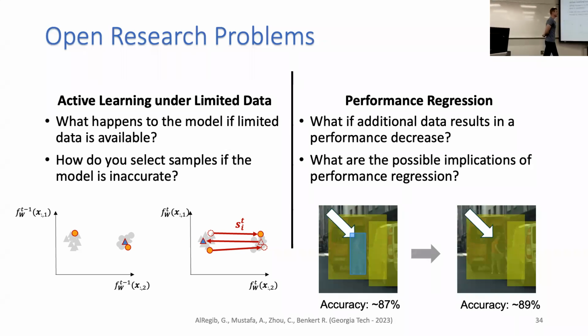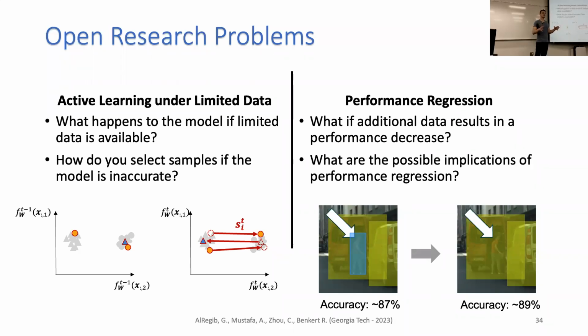The second one, which may not be directly clear, is performance regression. When you take an active learning algorithm and move it into industry, into the real world, all of these safety-critical things all of a sudden are super important. So think about the self-driving car example. I have a small data set, and now I increase the data set by having my model select these samples.